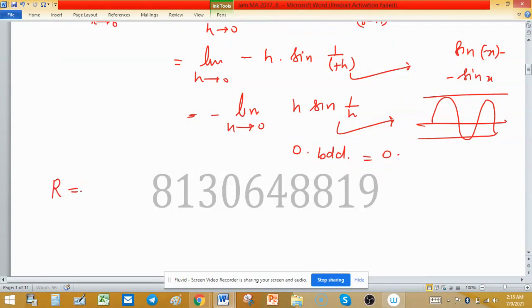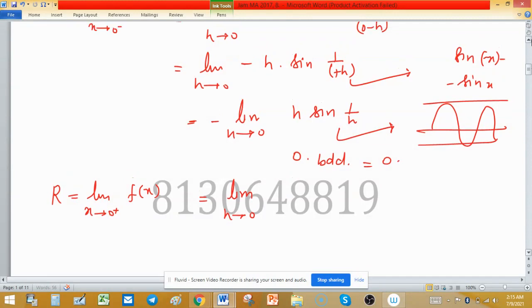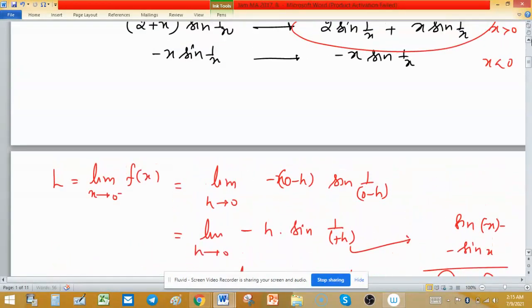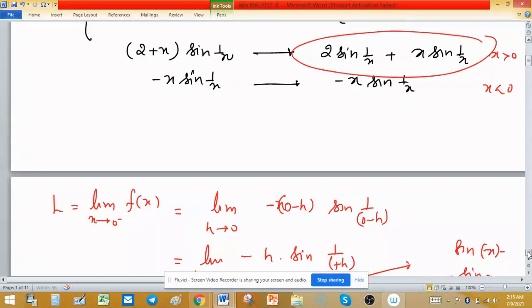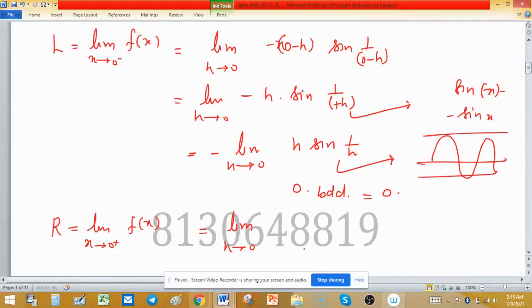So R will be limit x tends to 0 positive of f(x), which is equal to limit h tends to 0 of 2 sine 1 upon x plus x sine 1 upon x. You can observe this limit will not be 0, meaning it doesn't exist.